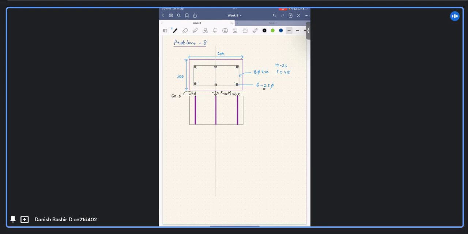I'm taking this as yi. I will take this as i equals 1, i equals 2, i equals 3.